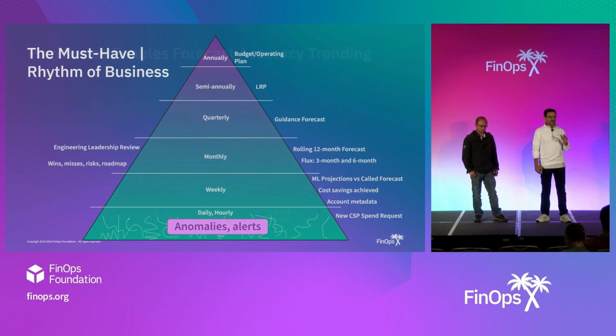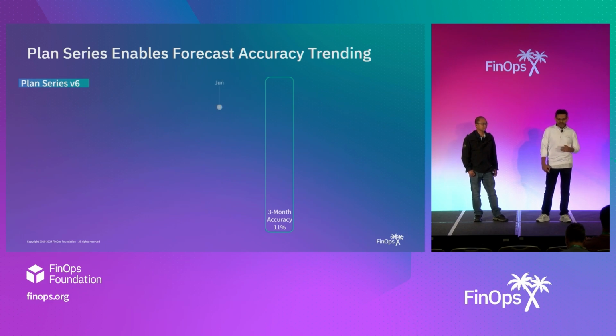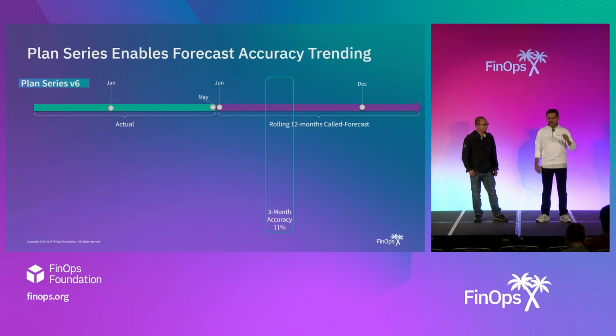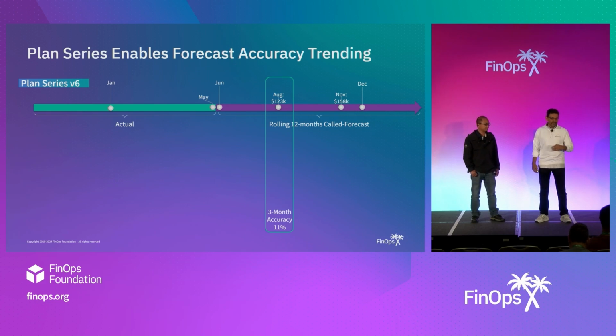So at the heart of it is this concept called your plan series. Let's assume we are in the month of June. We are in plan series V6. So we have actuals up to May, and we are going to do a forecast rolling 12 months, June onwards. Let's say we had called the forecast for August $123,000. Fast forward 3 months, we are now in V9.